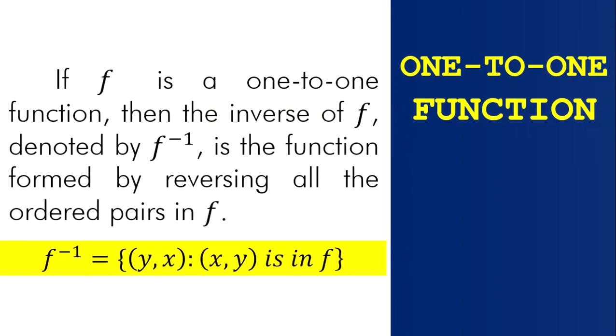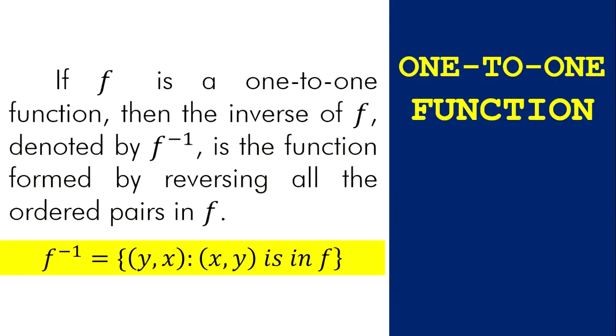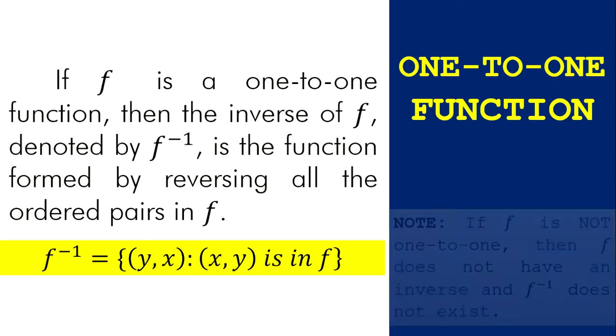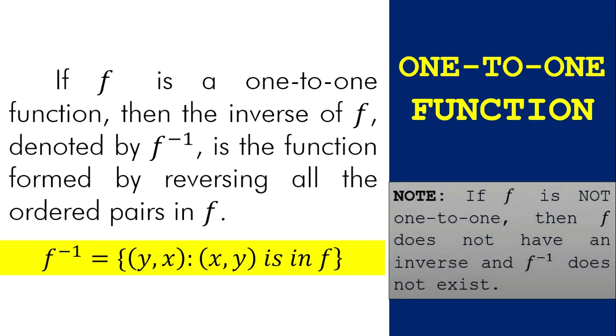Now, if f is a one-to-one function, then the inverse of the function, denoted by f inverse, is the function formed by reversing all the ordered pairs in f. So all the values of x will become values of y, and the values of y will become values of x. Note, if the function is not one-to-one, then the function does not have an inverse. So f inverse does not exist.